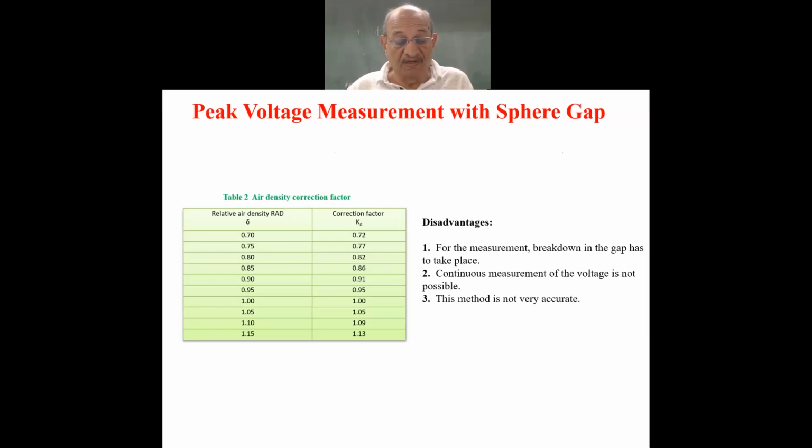The two columns are, for example, 0.70, 0.72, 0.75, 0.77, and at the far end, 1.15 and 1.13. So the correction factor is almost equal to the relative air density. We also talked about the disadvantages of measurement by this method.